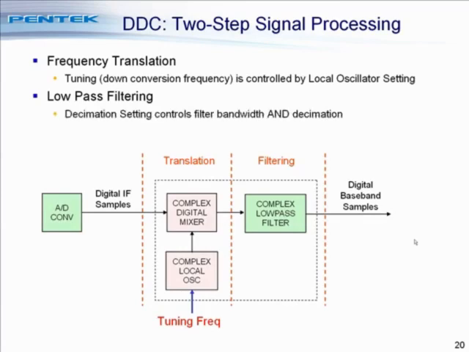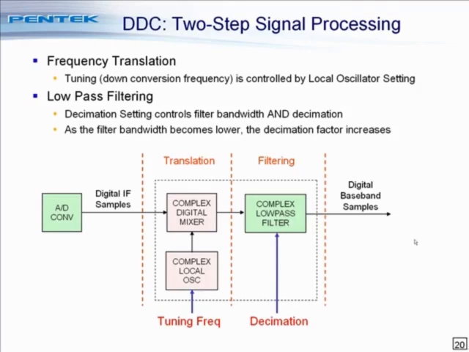Here, the decimation setting controls both the filter bandwidth and the decimation. As the filter bandwidth becomes lower, you can increase the decimation. So the one parameter, decimation, controls both bandwidth and the decimation factor because, in fact, they are proportional and track each other. So these are the two primary operations in a digital downconverter.